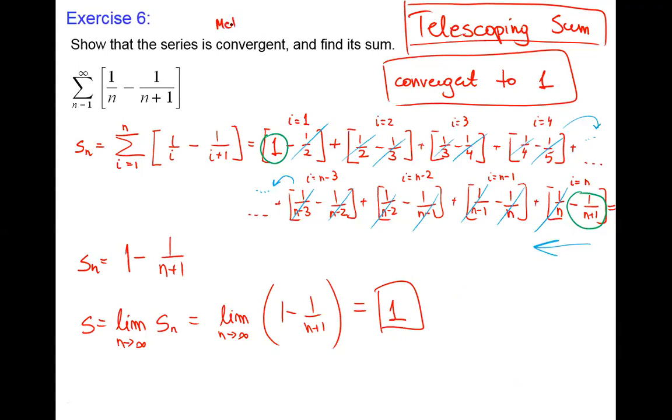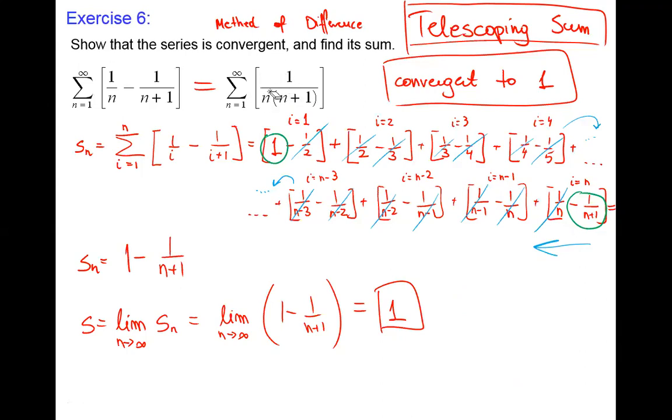But you will usually see telescoping series rather than method of difference. Okay, one thing I was not showing you is another form. Do you remember the partial fraction decomposition?